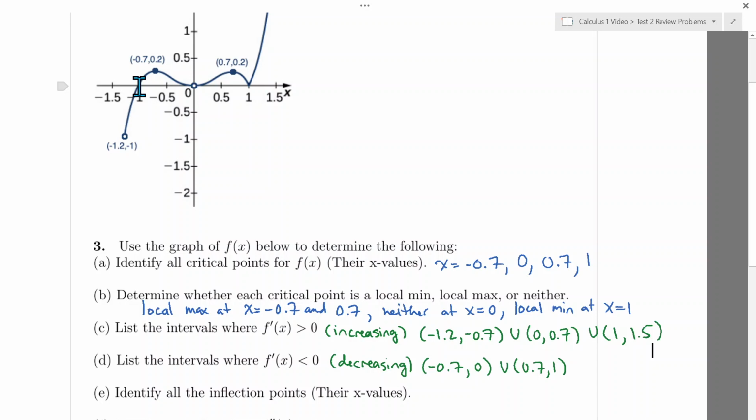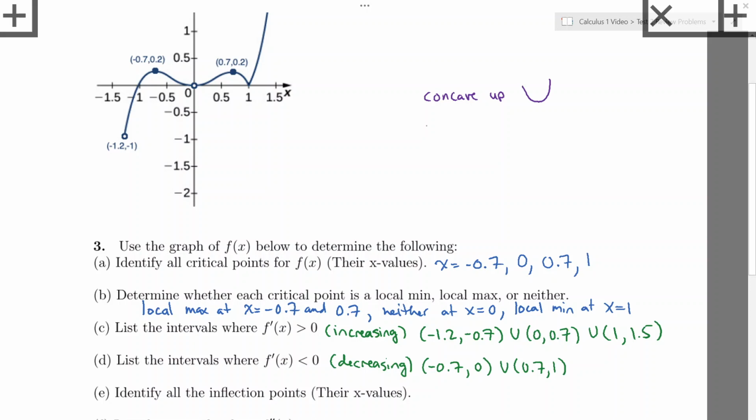So you can see that in this region here, it's concave down, right? Concave up generally has this shape, and concave down generally has this shape, right?